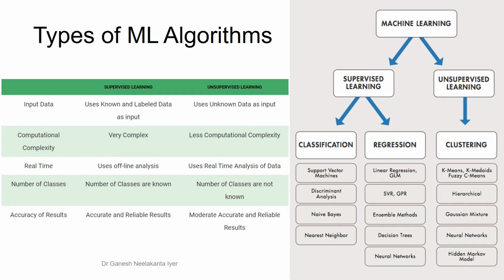After a few times of learning from the teacher, you will be in a position to identify an apple as an apple, an orange as an orange. So this is a learning where the input data uses known and labeled data as input.